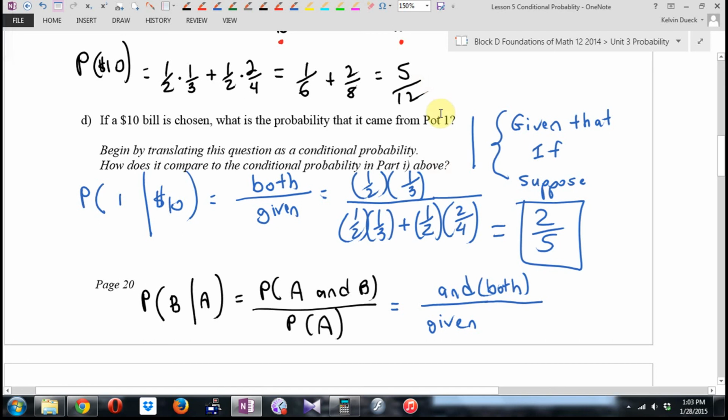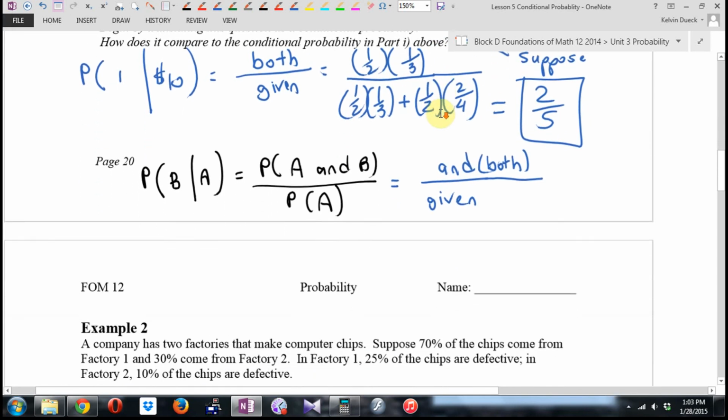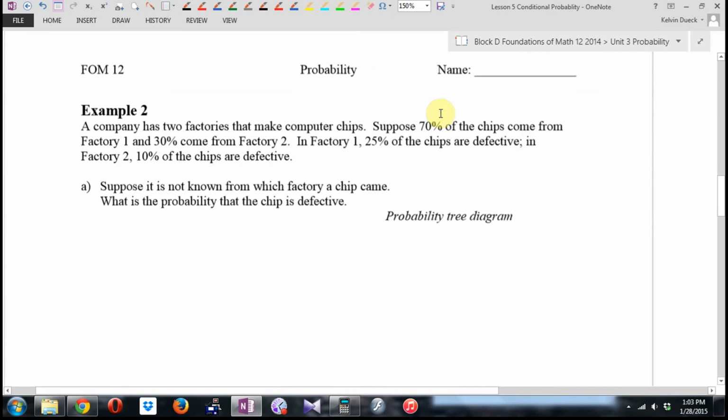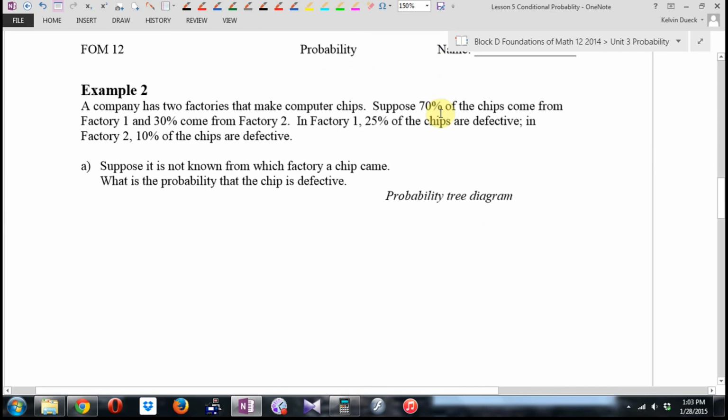Let's try a couple more. Next page. So, nearly 50 years ago, there was a U.S. mathematician, and he was an expert in using probabilities and conditional probability and sampling methods.